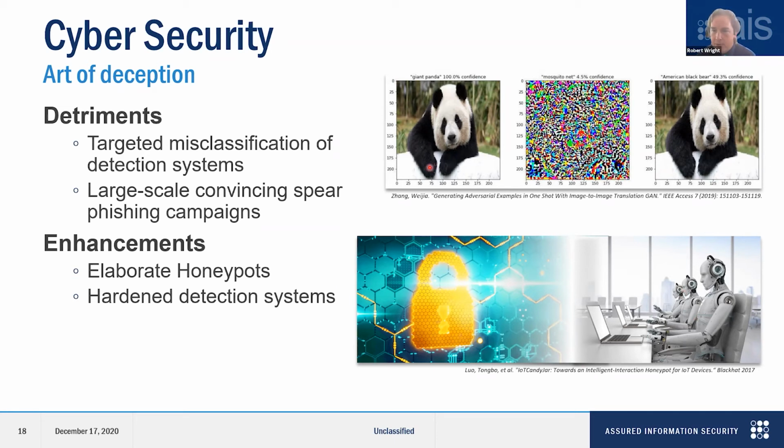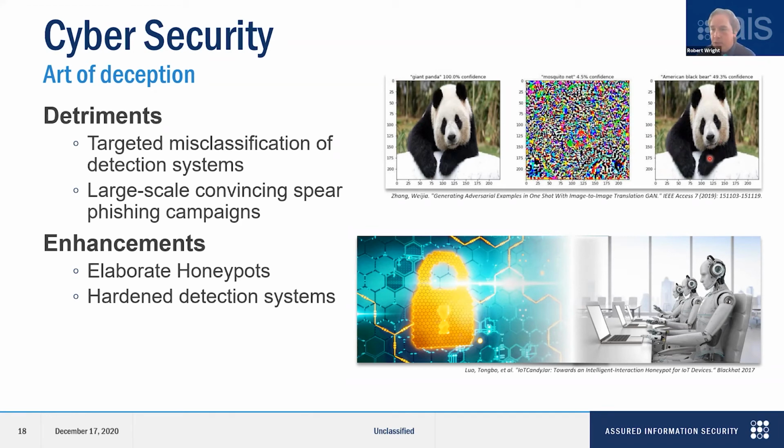As an example, here we would have something like an image classifier, which can accurately detect that this is a giant panda, but with targeted misclassification and an understanding of how this classifier works, we can adversarially introduce or learn a mask that makes an imperceptible change to the image from the human's perspective.